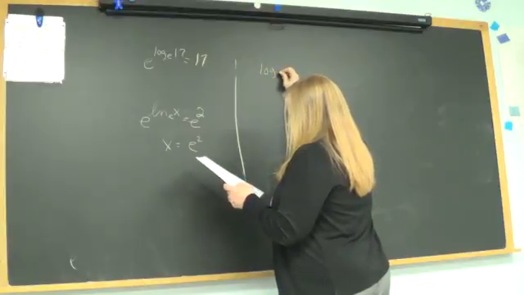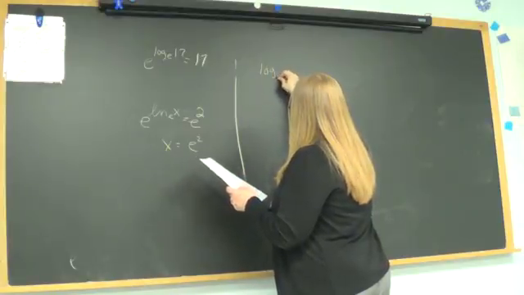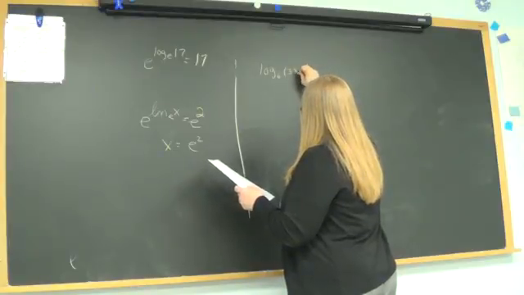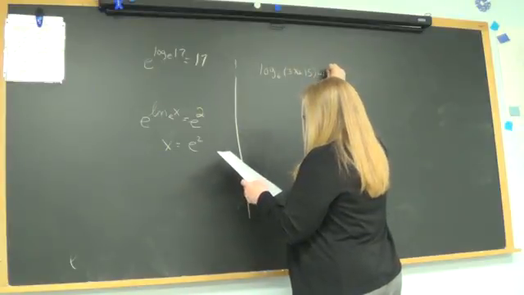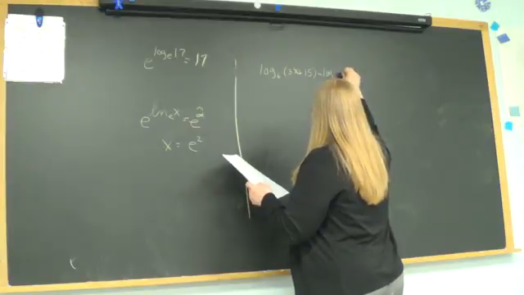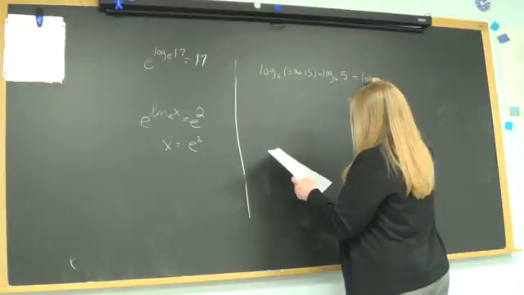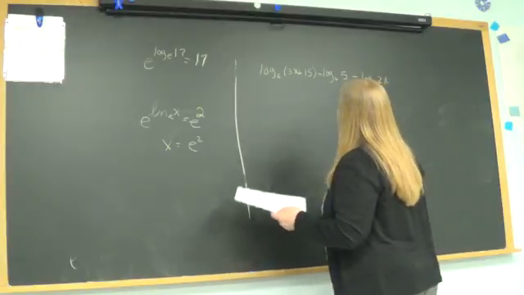Log base 6 of 3x plus 15 minus log base 6 of 5 equals log base 6 of 2x.